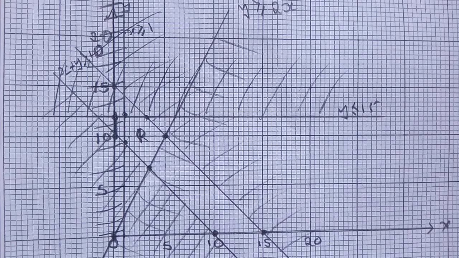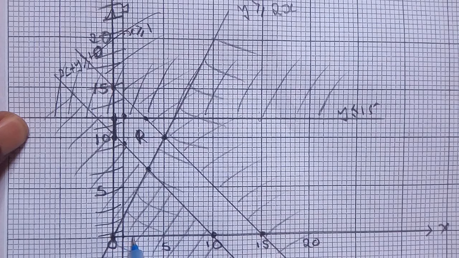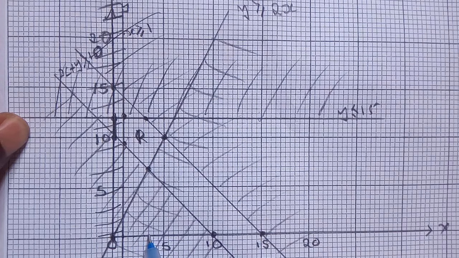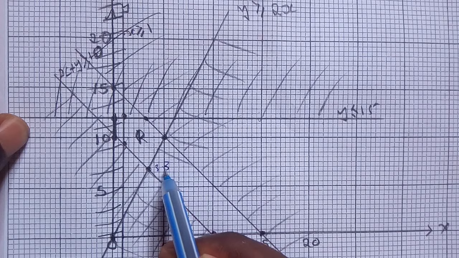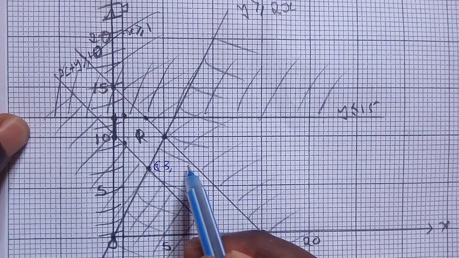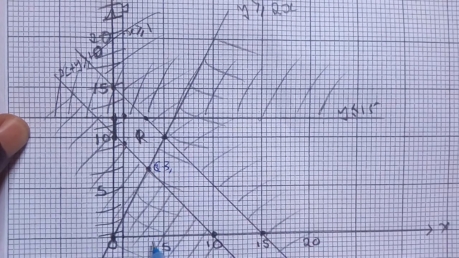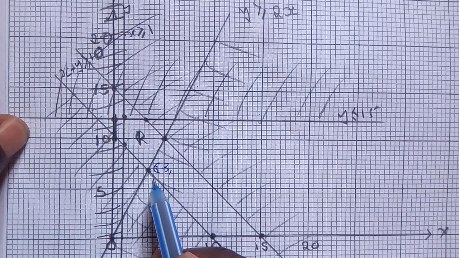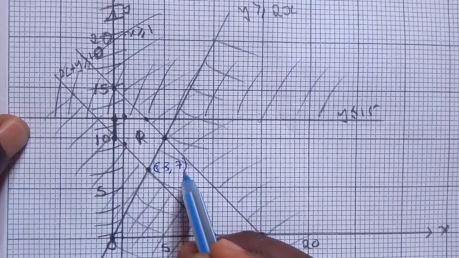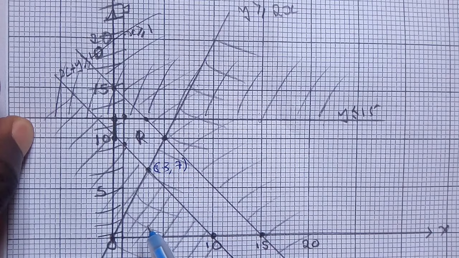a pen when graphing. But with me here, for the sake of you knowing what is happening, I'll use a pen. So the coordinates here, this one, if this is 1, 2, 3, 3.5, I think this is 3.5, yeah. This is 3.5, comma, this is 5, 6, 7, 7. So 3.5, 7.